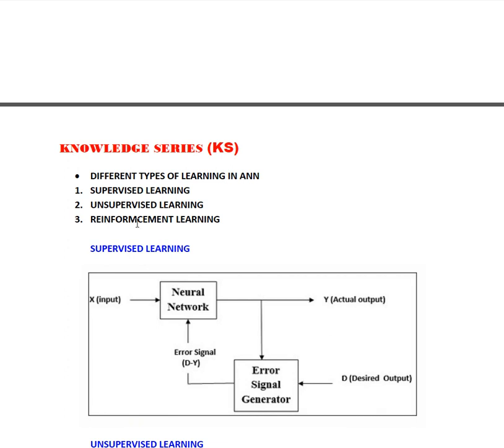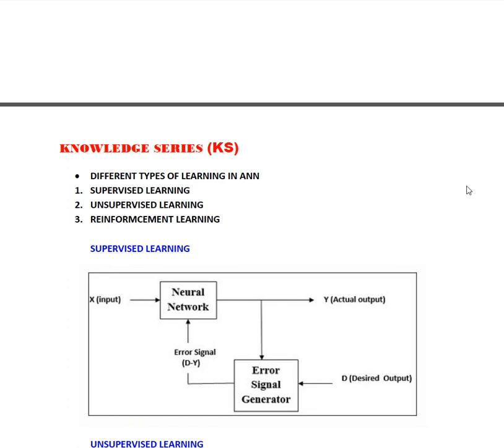So here we have three types of learning. One is supervised learning. What is meant by supervised learning or supervised training? Actually, in supervised learning and training, it provides the network with a series of sample inputs, and the output is compared with the expected response.